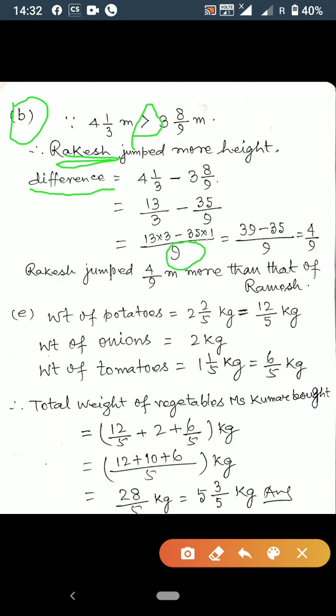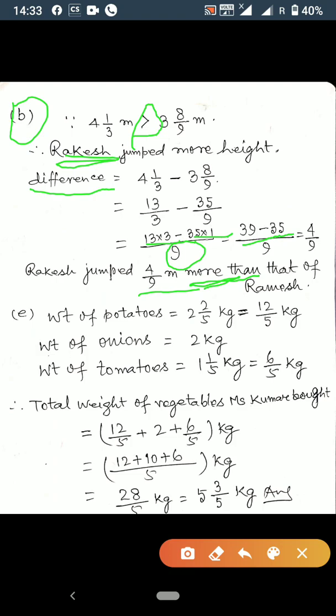Now 9 divided by 3, quotient is 3. 13 multiply 3 minus 9 divided by 9, quotient is 1. So 35 multiply 1. 13 3s are 39 minus 35 multiply 1 equal to 35. 39 minus 35 equal to 4 by 9. So Rakesh jumped 4 by 9 meter more than Ramesh.